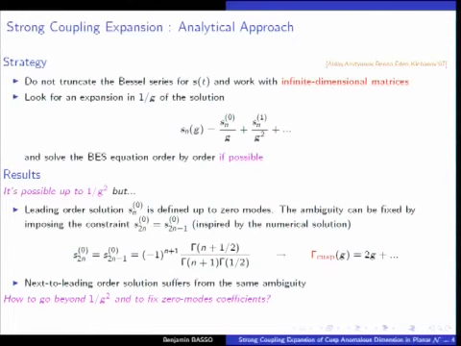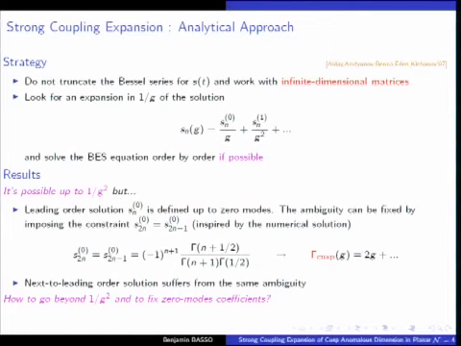We look for an expansion in 1 over G, and we try to solve the BES equation perturbatively, order by order, in 1 over G, if possible. So these people try to do that, and it's possible up to 1 over G square, but the solution is not unique. The solution is defined up to zero modes.